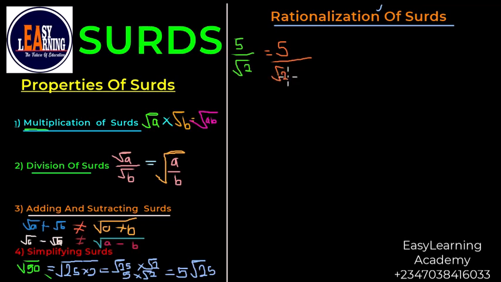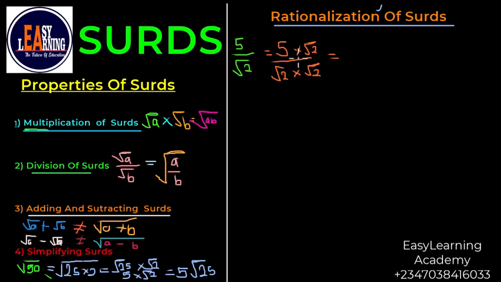Good. Now to take away this surd, because that's what we want to do, rationalization, you multiply the numerator here with root 2, and also you multiply the same denominator with root 2 itself, and you're going to have your answer.